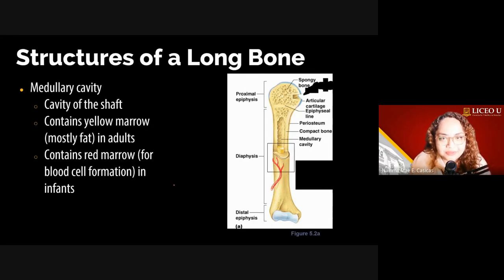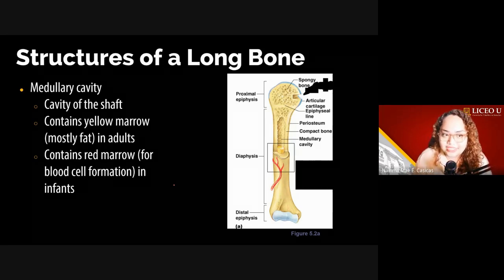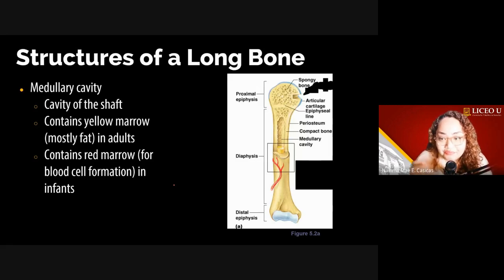So, we have the medullary cavity. Cavity meaning opening. It is basically the cavity of the shaft, and inside of this cavity contains your marrow. You have both your yellow and your red marrow. Your yellow marrow is important in the storage of fat. Mao ni siya ang lami kaayo nga part sa bulalo. And people are saying it's collagen.